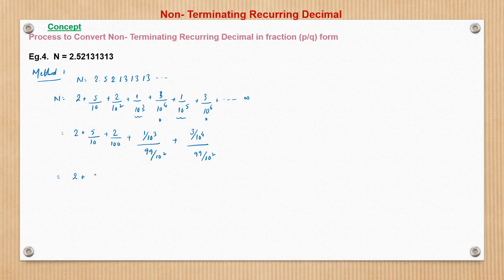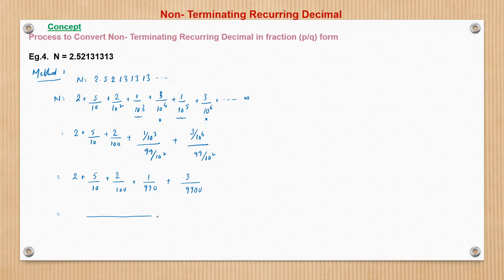This becomes 2 plus 5 by 10 plus 2 by 100 plus, here it is like what, 1 upon 990, right? And this is 3 upon 9900, because here it is 10 raised to power 4, yeah, 3 upon 9900.